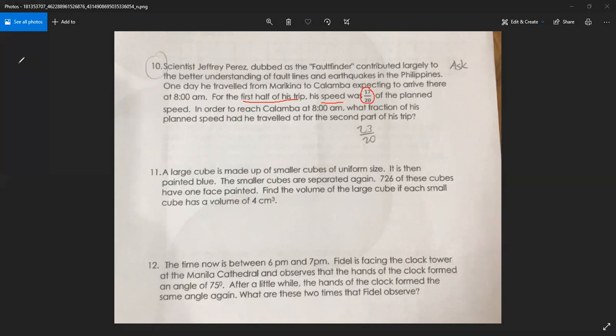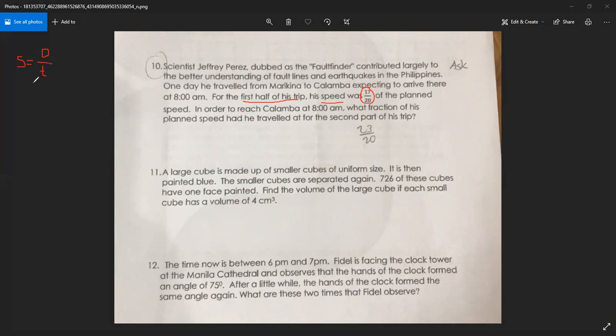So we know that the speed is equivalent to distance over time. Correct? Do you remember this formula? Speed, distance, time. Yeah, I think so. Okay. So speed is equal to distance over time, which was discussed in our science class.